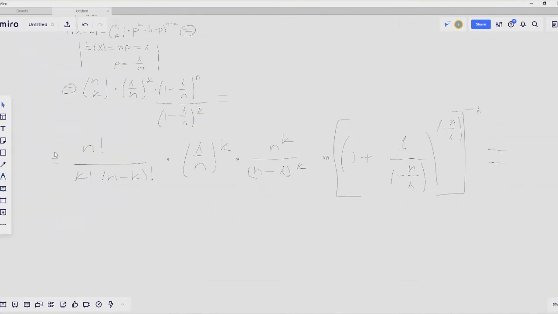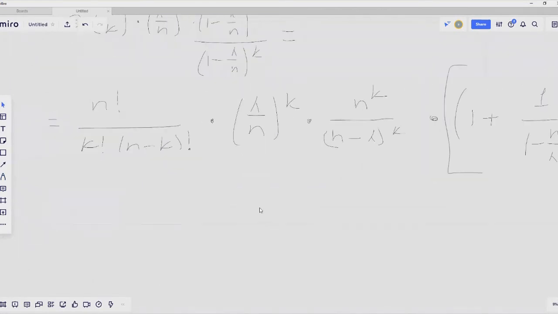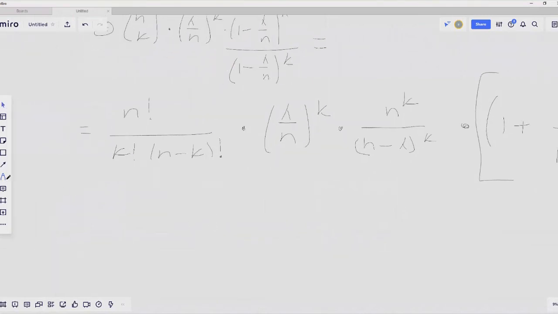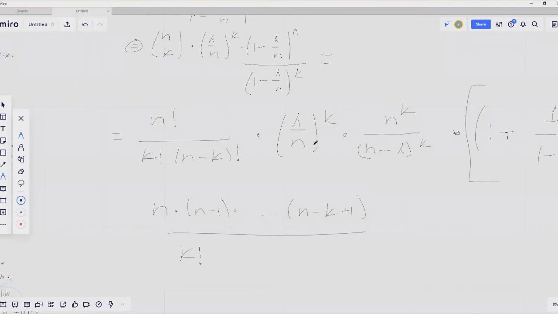Now let's keep working. So the stuff that is going to cancel out is the following. Here we have n multiplied by n minus 1 and so on. So I will cancel out some part of this factorial here with that factorial over there. So this is n minus k plus 1 over k factorial, lambda to the power of k.